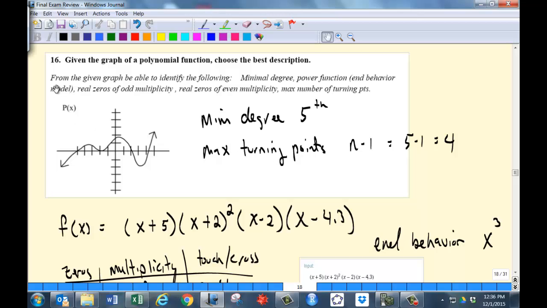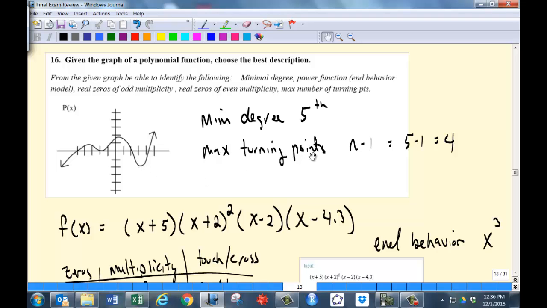So a couple things you want to know. Be able to determine the minimal degree, the power function, and the real zeros of odd multiplicity, real zeros of even multiplicity, and max number of turning points. So one thing to notice here is the max number of turning points is the degree minus 1, and we can count those. So we've got a turning point here, 1, 2, 3, 4.